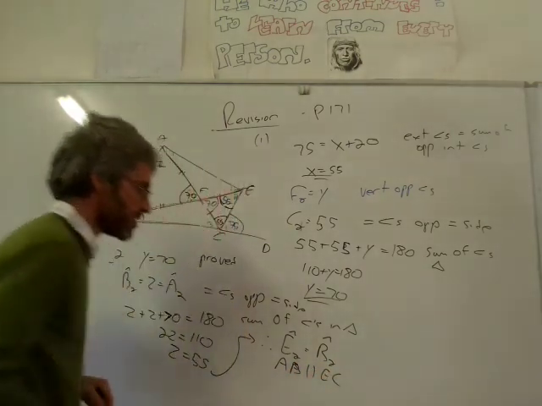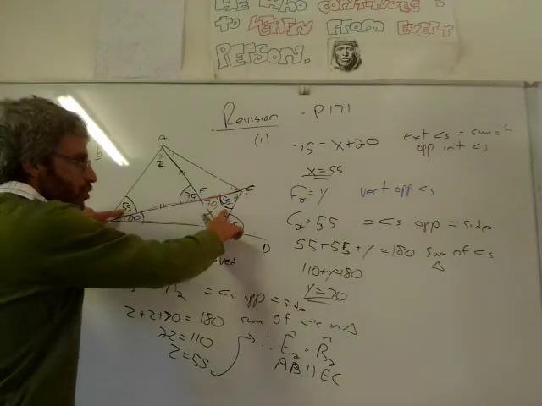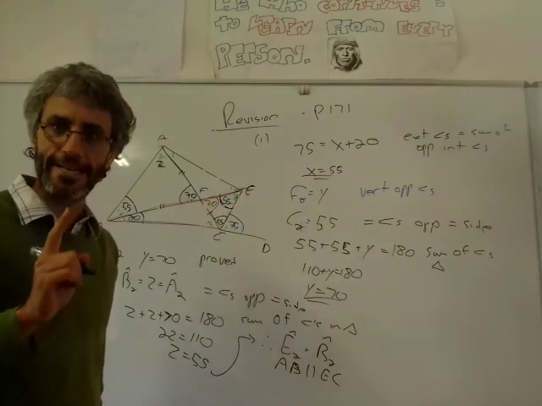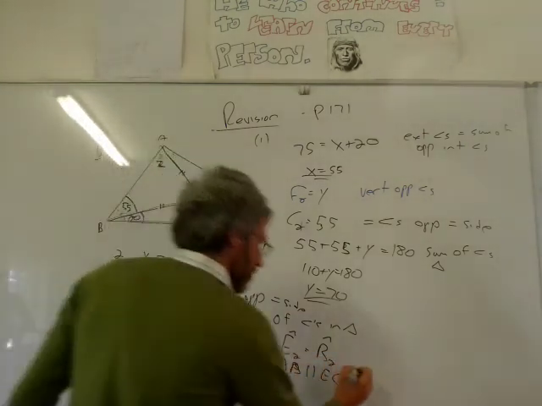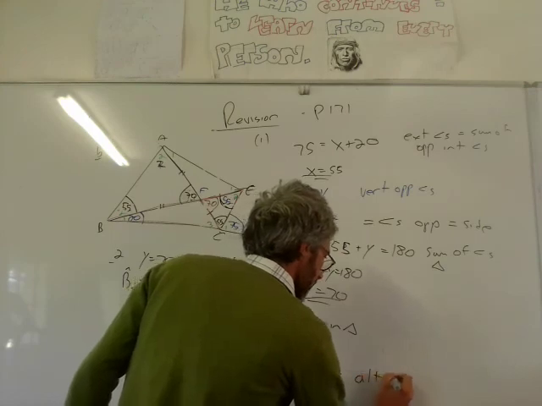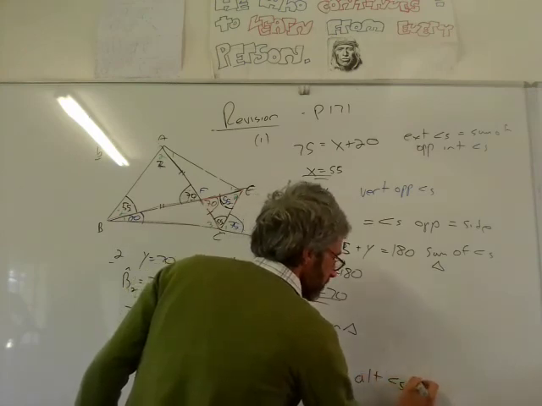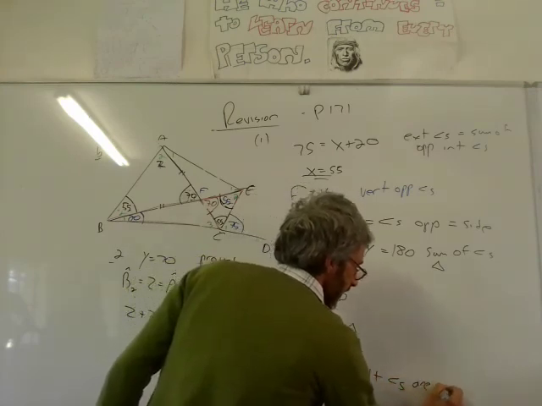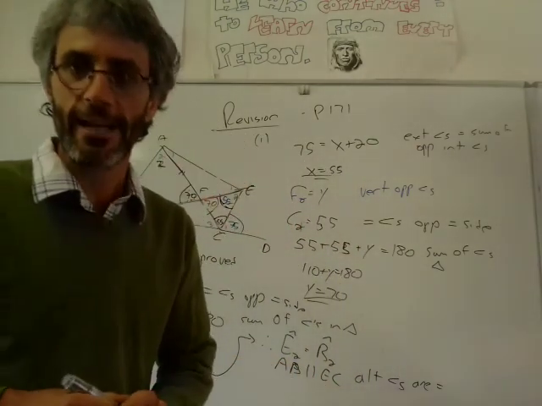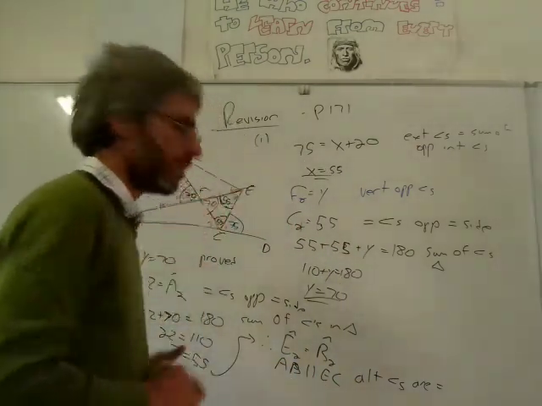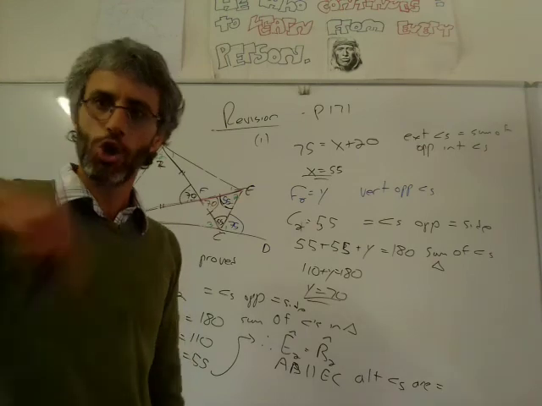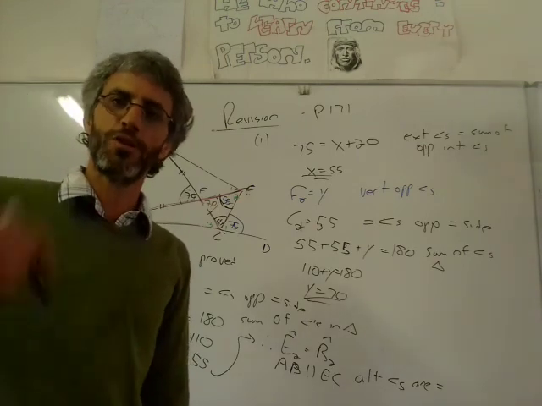I have to write a reason, and the reason is that I just proved we have a pair of alternating angles that are equal. So I'm going to write: alternating angles are equal. If I've got a pair of alternating angles that are equal, therefore the two lines are parallel. It's the converse theorem.